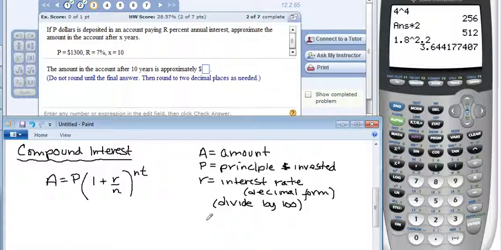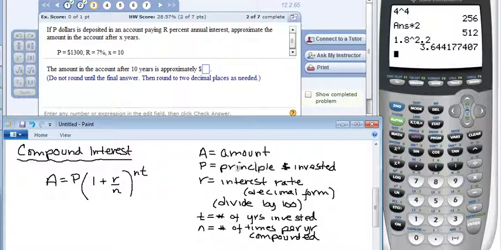And T is the number of years invested. Here we're investing for 10 years. And the last one is N, the number of times per year that it's compounded.